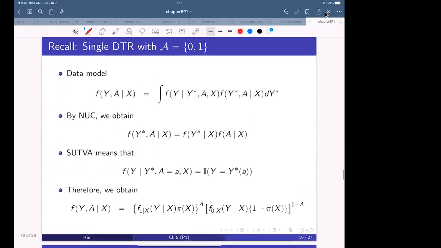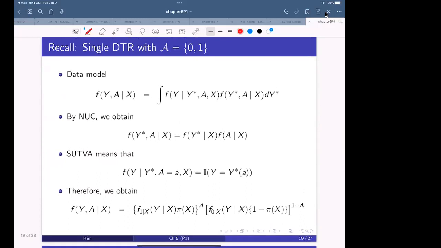This is really the key concept. This is the data. You have a data model, but your model is in terms of the potential outcomes. So how you translate your potential outcome model to the data model is the key tool to translate the whole part of the DTR problem actually.